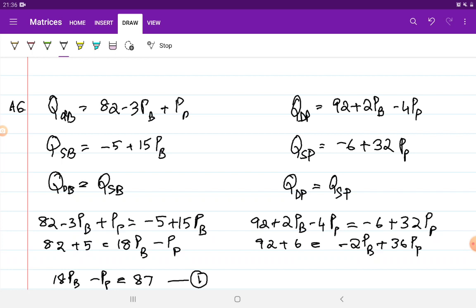So writing that properly, let me write PB first because that's how I've written it in equation 1.